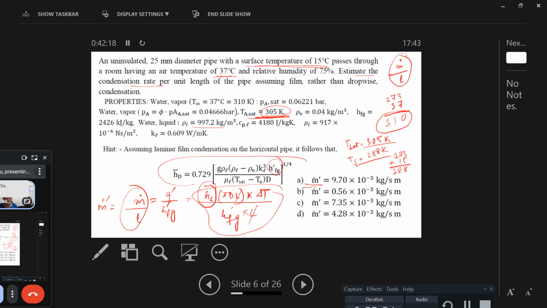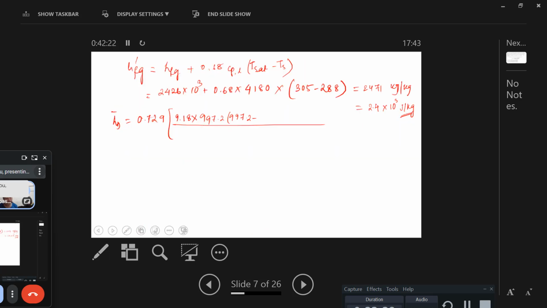Rho V they have given 0.04, into kL cube. kL is 0.609 to the power 3.